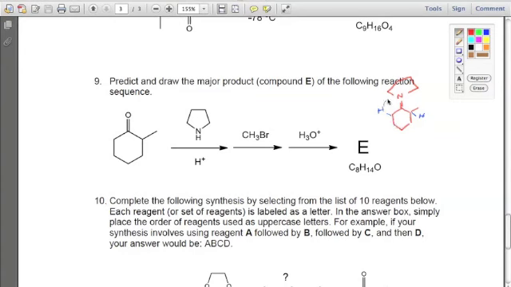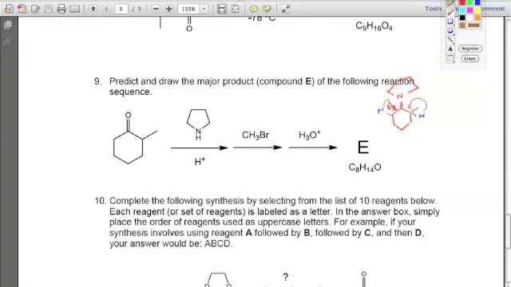If you remove it here, you're going to donate those electrons, and you're going to want to make the most stable enolate-esque compound.